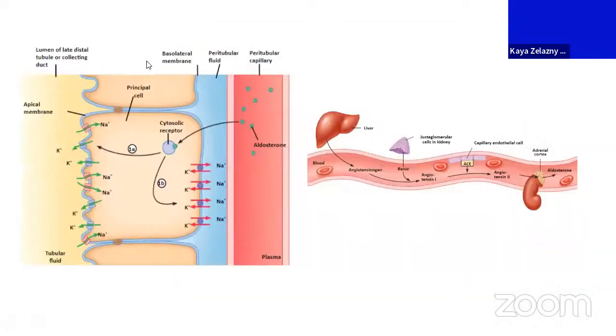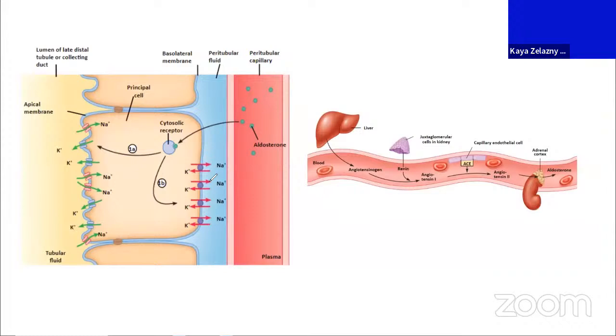Okay, so these are those pictures that we can see for the aldosterone related content. So here on that basolateral membrane, if you were struggling to picture it in your head, right? So in the presence of aldosterone, here we see that aldosterone in the blood, we'd create those sodium potassium pumps so that we can pull sodium into the peritubular fluid and ultimately into the blood.